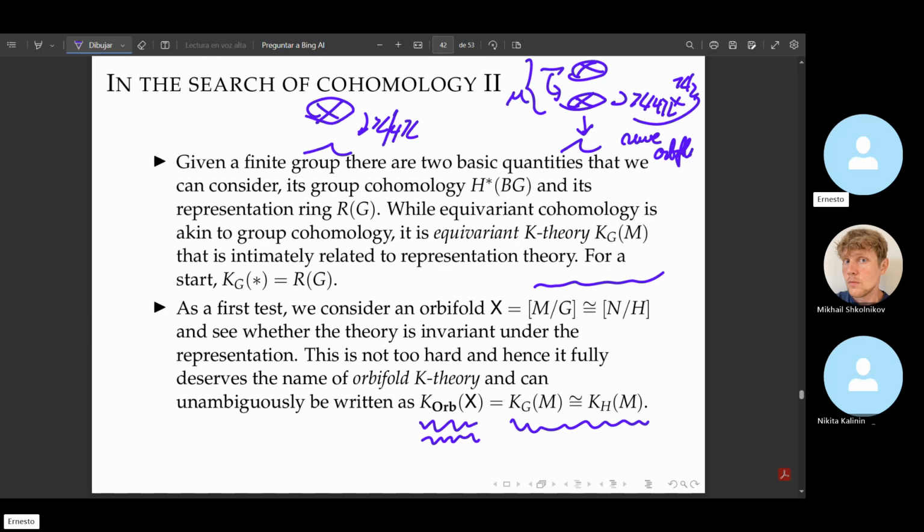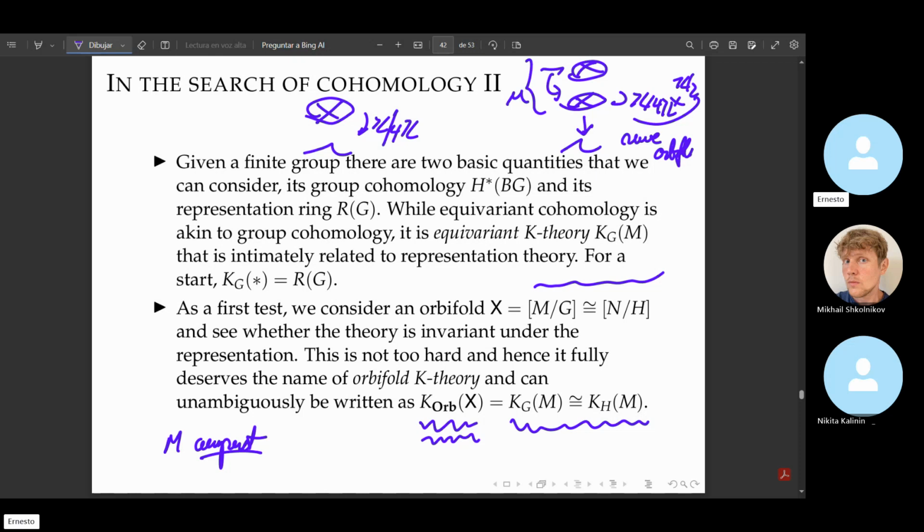Remember that equivariant K-theory was just the theory of equivariant vector bundles, if M is compact. Otherwise, well, you have to think harder. You get equivariant vector bundles over M and things like that.